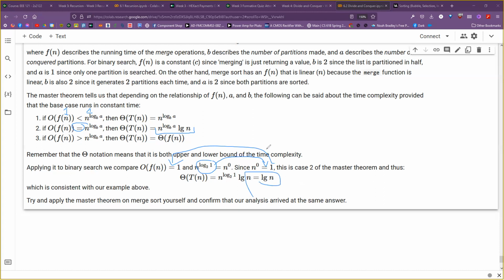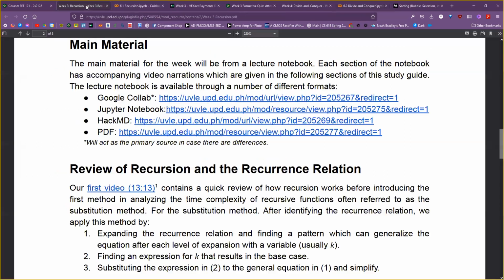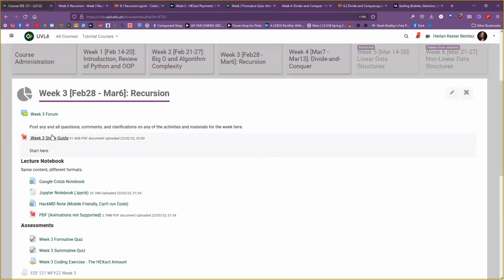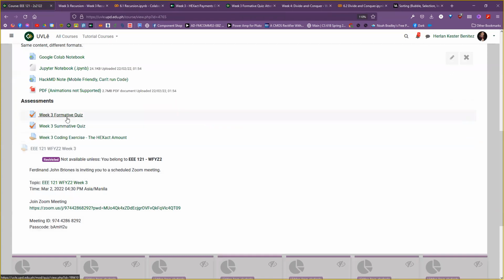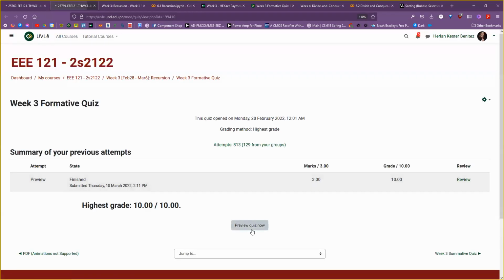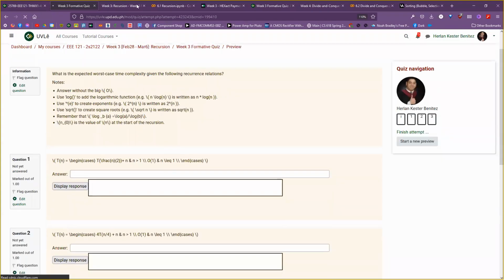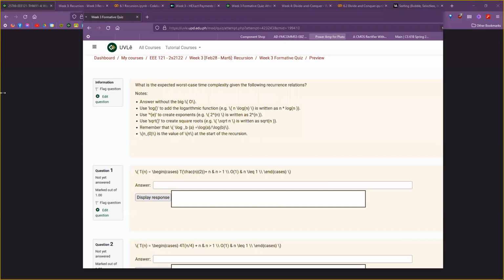And pwede mo rin itong i-apply dun sa ating other functions. Then actually, if you recall, yung ating mga ibang example for week 3, pwede nating balikan. Ibalik natin para ano.